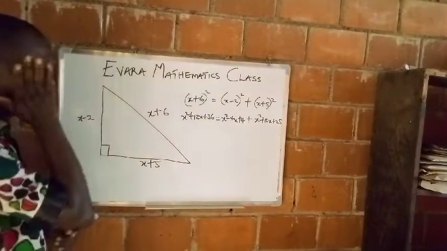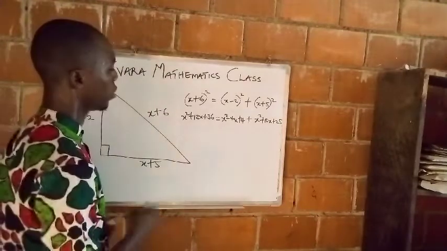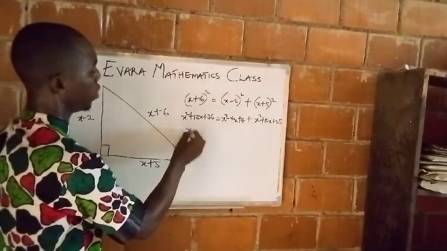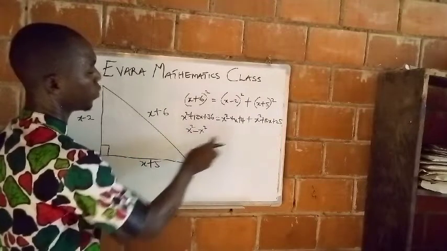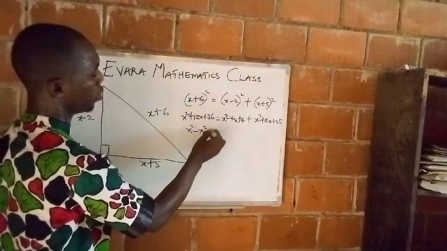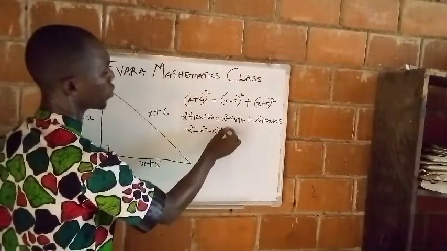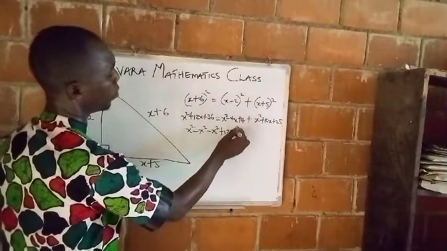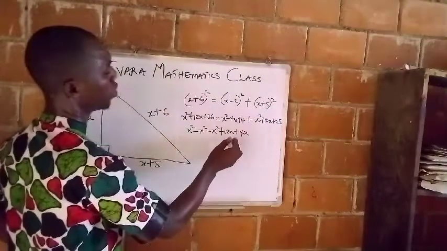So with this now, we can collect like terms. We have x squared. This will come here, it will become minus x squared. This one will come in, it will also be minus x squared. This is 12x. Then this one, when it crosses, it will become plus 4x.